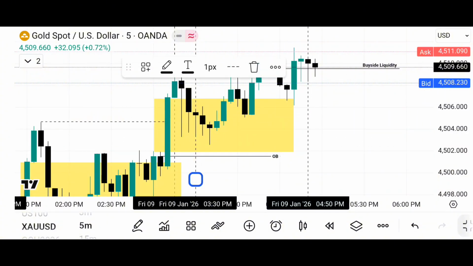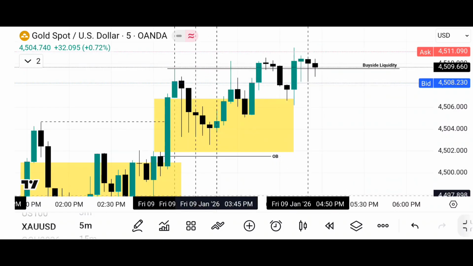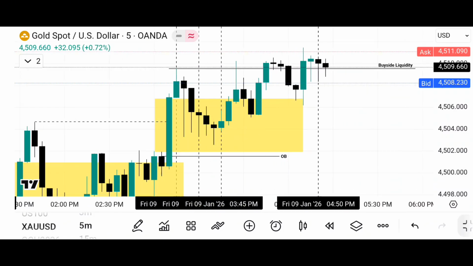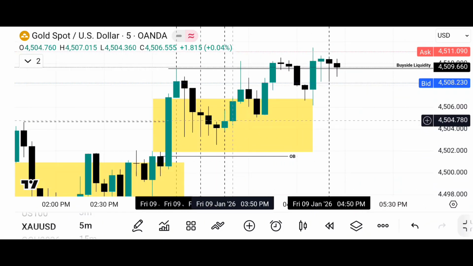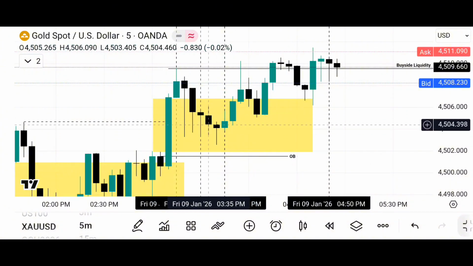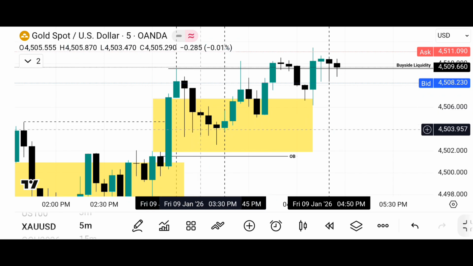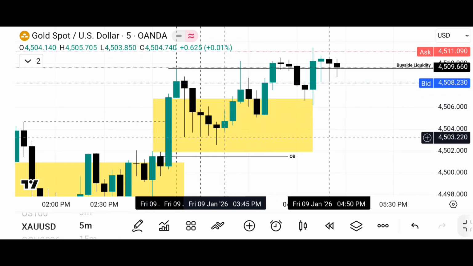So next is 3:45. If you notice at the macros, at the New York PM session macros, price is giving you the opportunity to go long at this point. Why? Because there is about to be a movement. You understand?